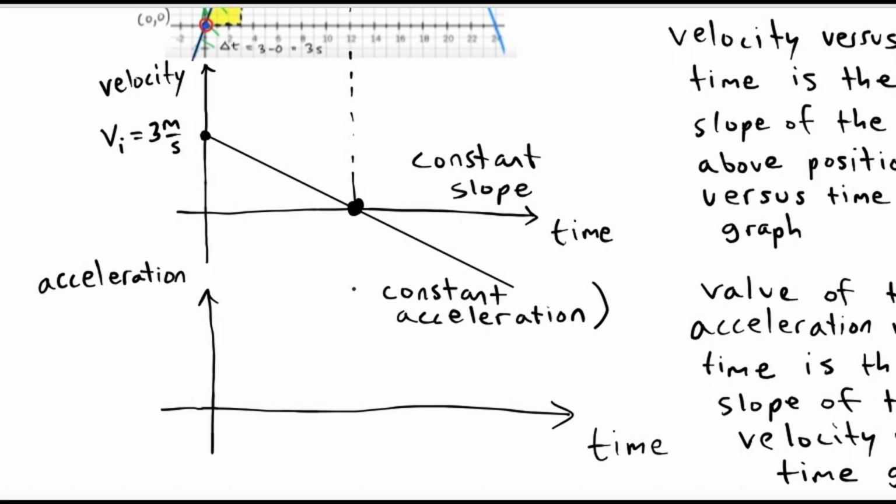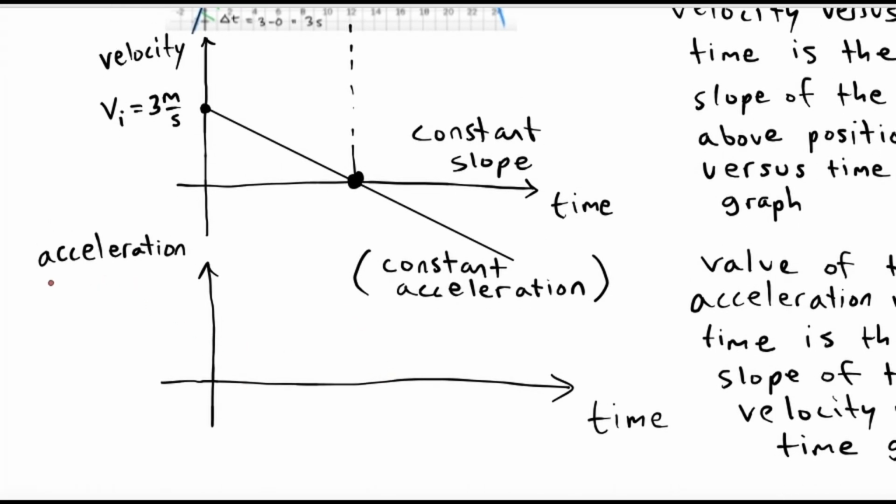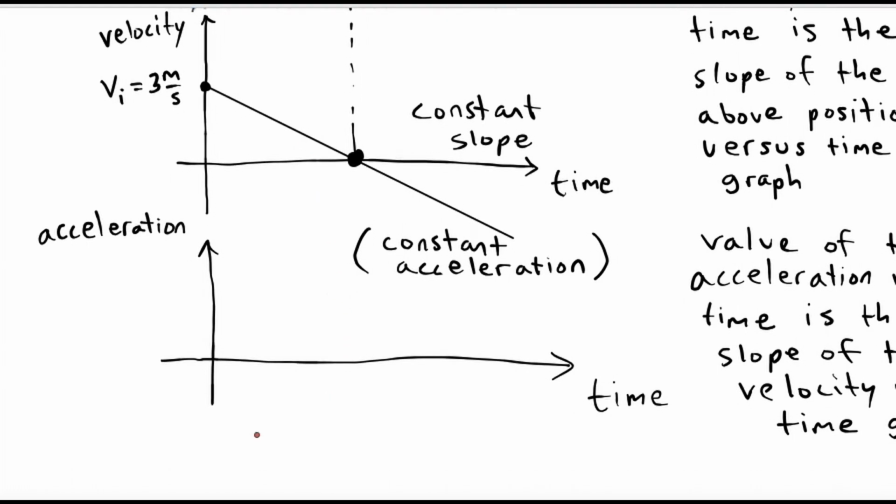Okay, with that in mind, we can now sketch our acceleration graph. So it can't change the acceleration. It has to be one value that never changes. That means it's horizontal. It's got to be a horizontal graph. Do you think it would be above the axis, at the axis, or below the axis based on the slope that you see above? Below. Interesting.